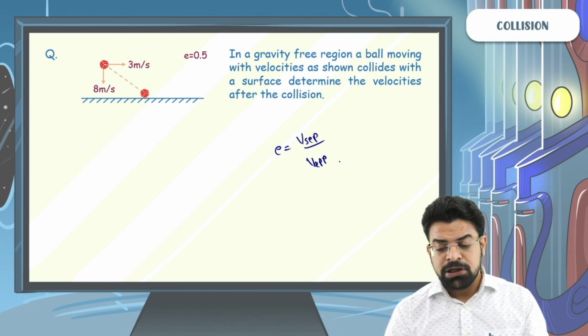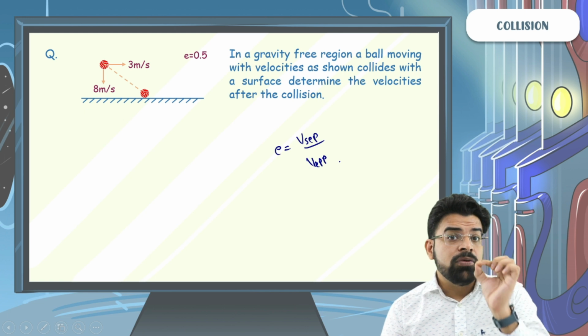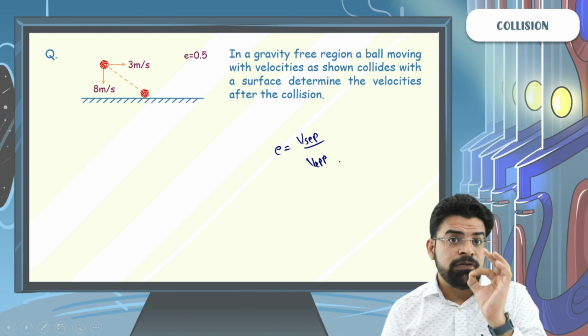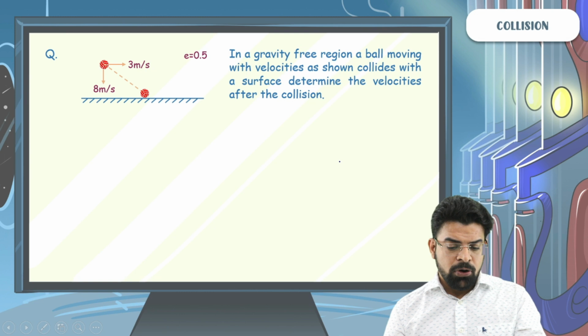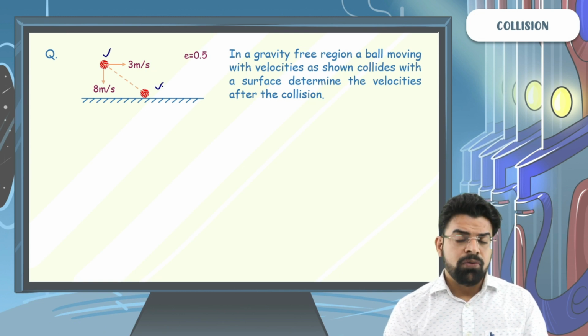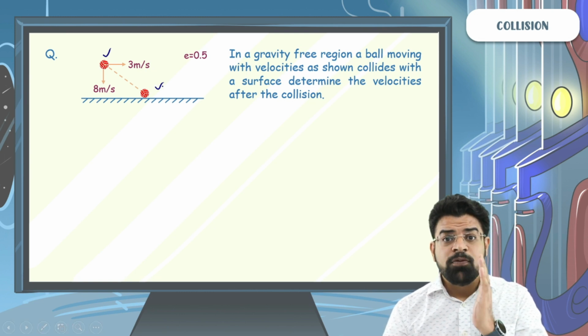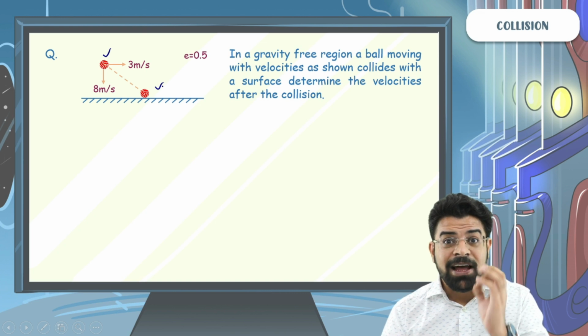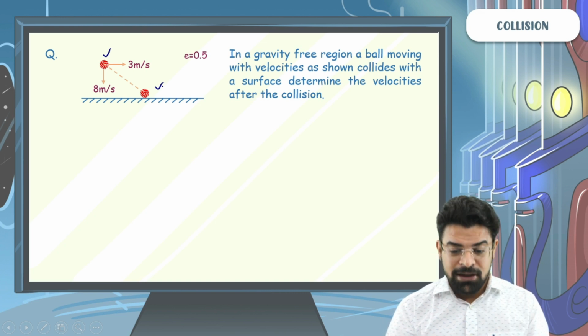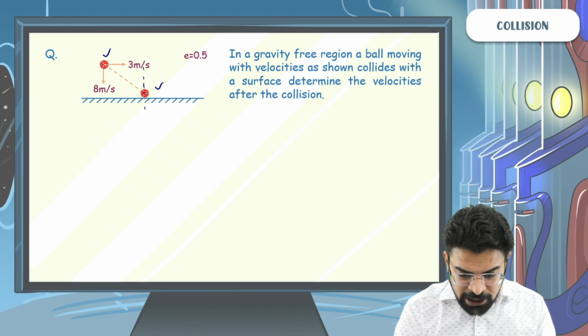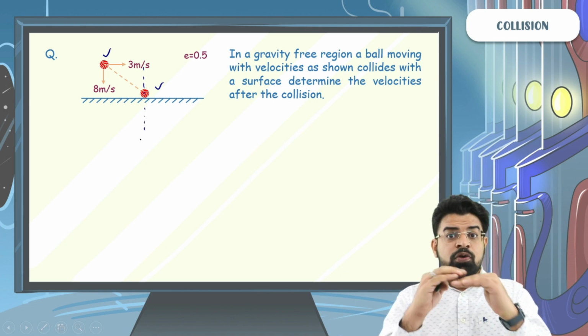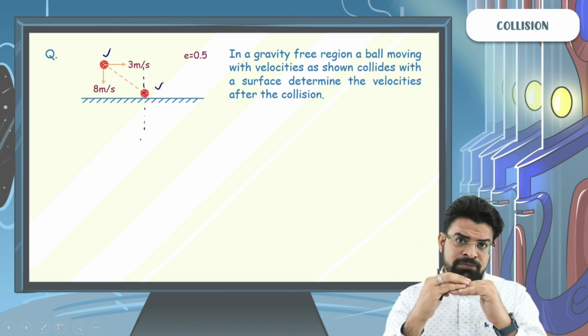Here the velocity of separation and approach have to be taken along the line of impact. When this ball goes and collides with the ground, in which direction will the forces act? Sir, the forces will act along the line of impact, and the line of impact will be the line of common normal. So the forces will act in the vertical direction.